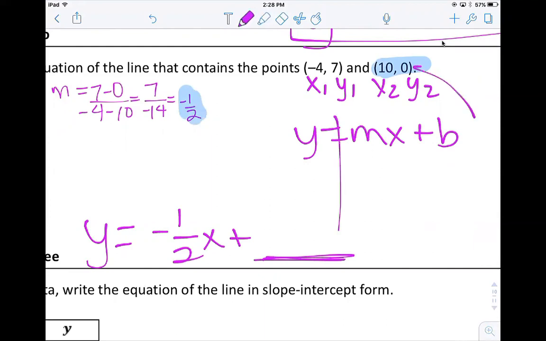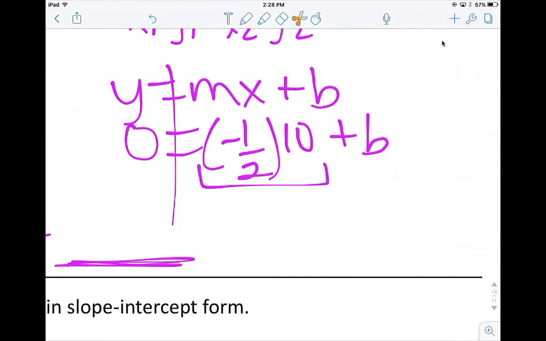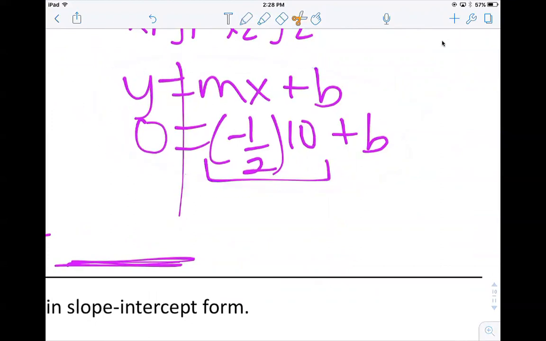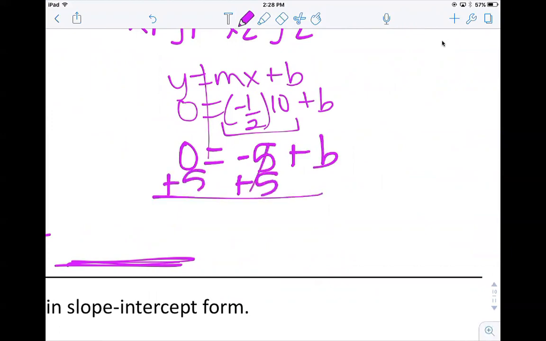So instead of y, I'm plugging in my 0 because that's in the y spot. My m is -1/2 because that's our slope, and our x is 10 plus b. So -1/2 times 10 is going to end up giving us -5. So we end up with 0 equals -5 plus b. Well, to get b by itself, we're going to add 5 to both sides.